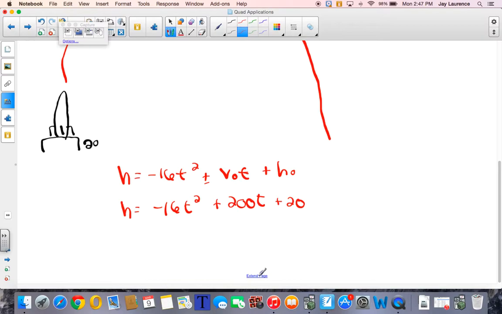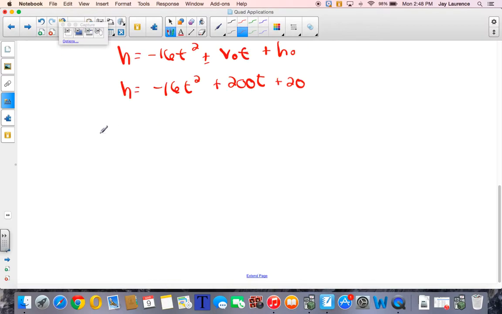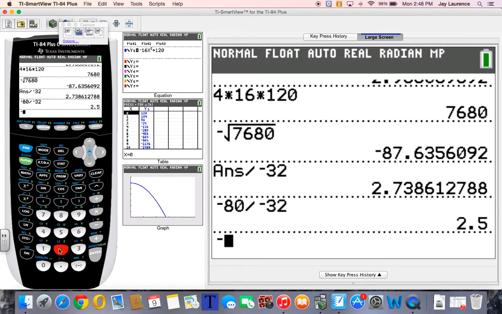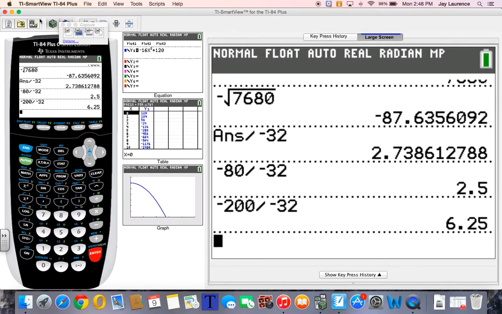All right, so how high will it go? Well, I'm going to try to find the vertex. So I'm going to go t equals the negative of b over 2a. Oops, negative 32 there. So t is going to be, and I'll have to do negative 200 divided by negative 32, and I will get about 6.25 seconds.